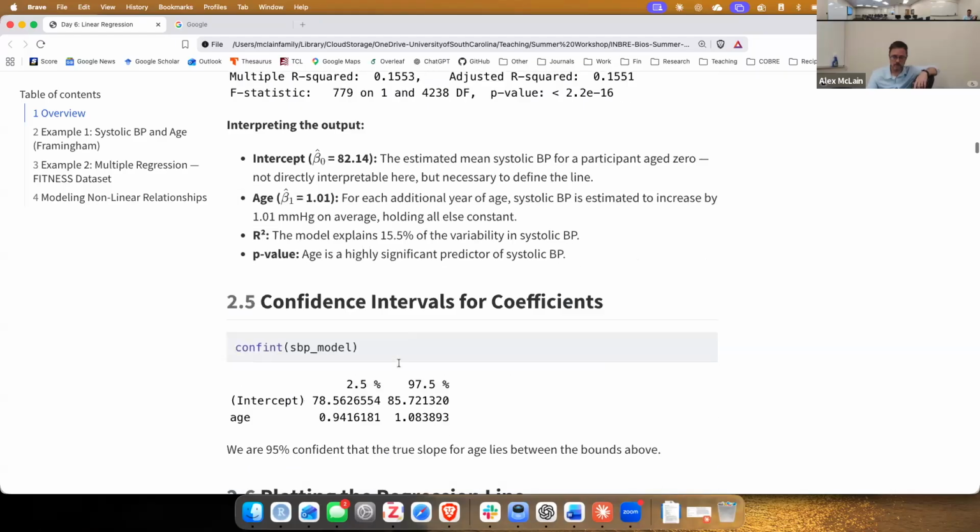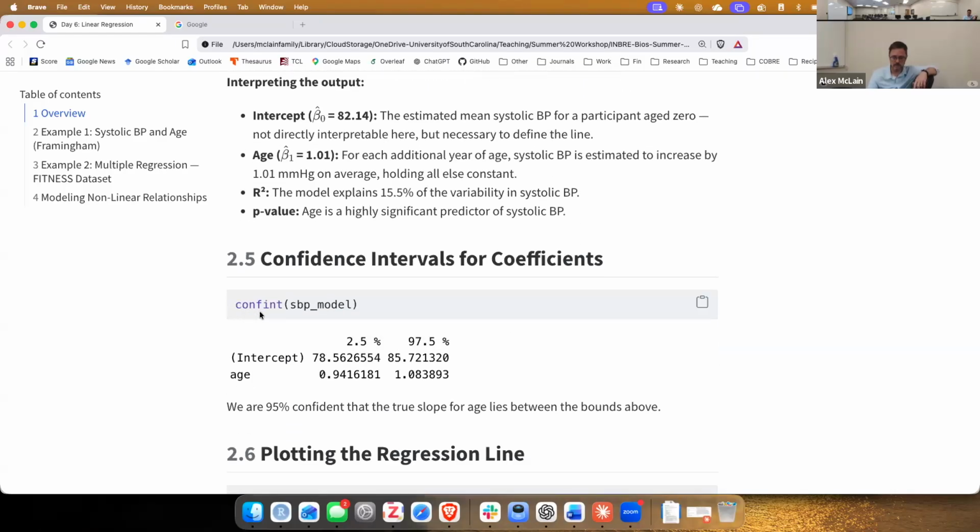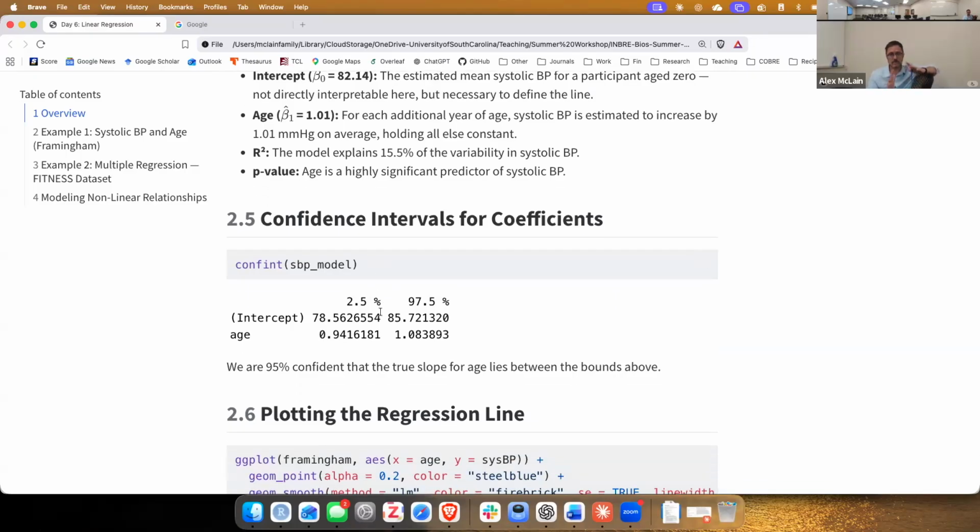Something else we can do, we can use confint of the model. That will give us confidence intervals for the parameters that we get from the particular model. By default, it gives a 95% confidence interval. We can tell that because we have the 2.5 here and the 97.5.